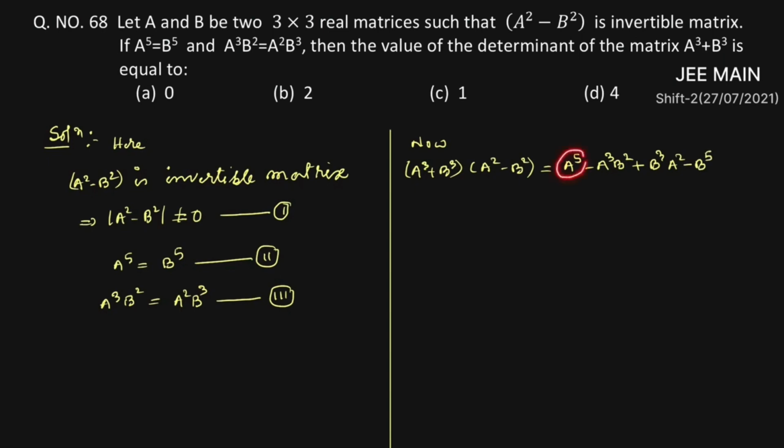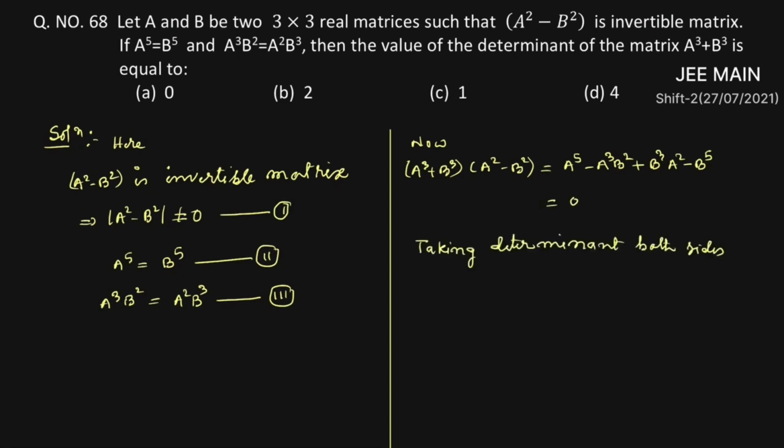Now A to power 5 is equal to B to power 5, we will get this from equation number 2, and also these two are equal, we will get this from equation number 3. So we are able to cancel this with that and this term with this term, which is equal to 0.